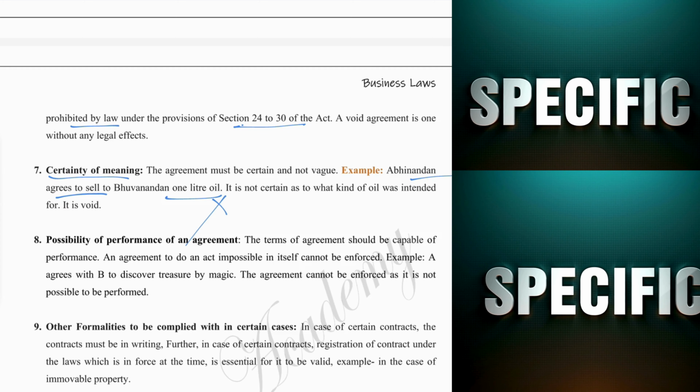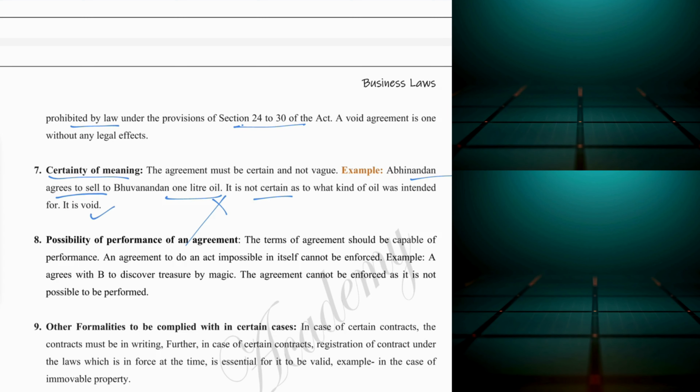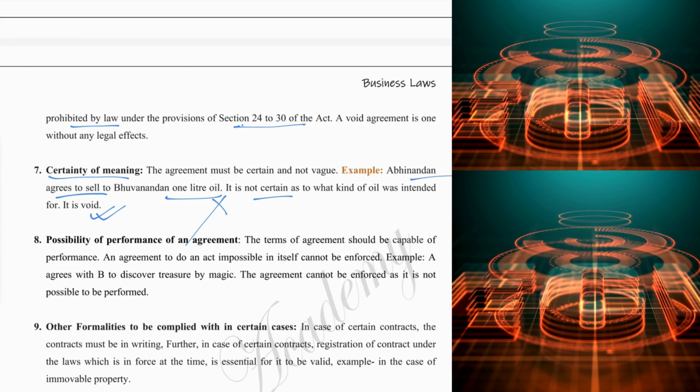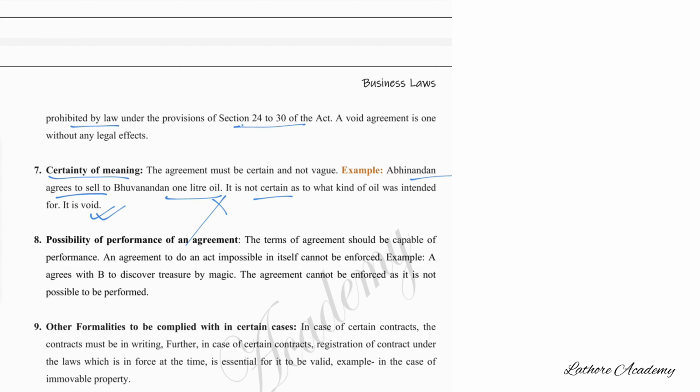So it is not certain, hence it is a void agreement. The subject matter is confusing, vague, and ambiguous, so it is not considered a valid contract.